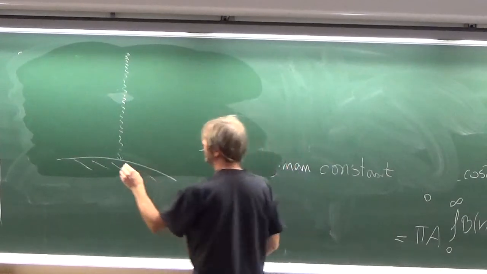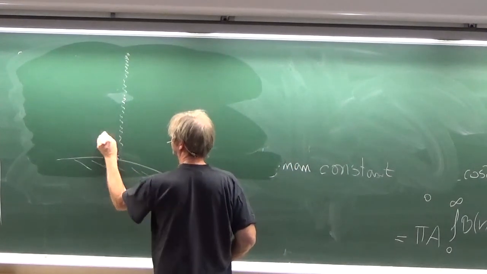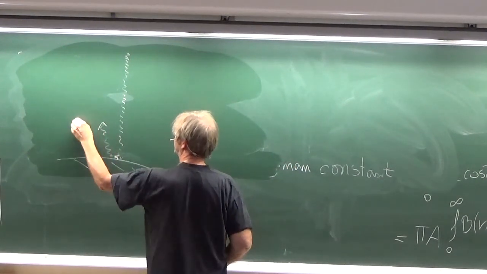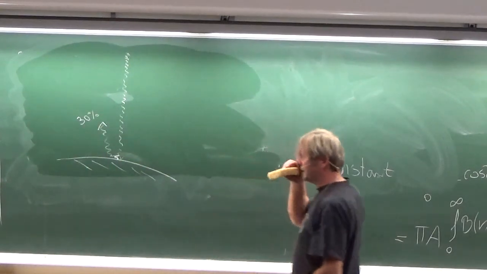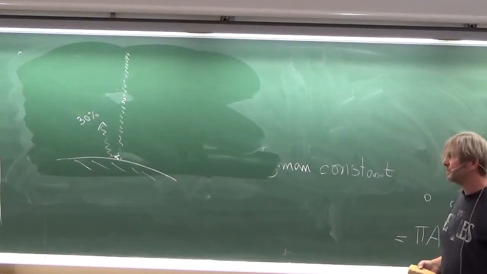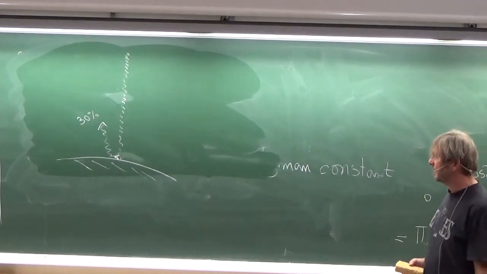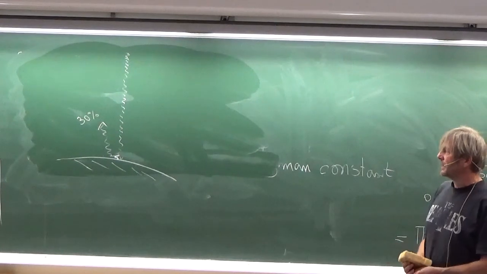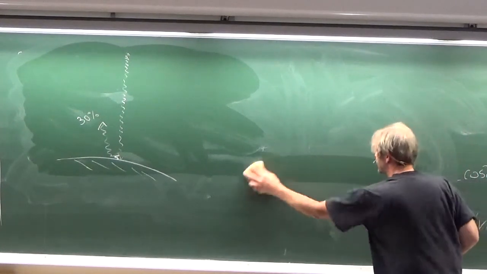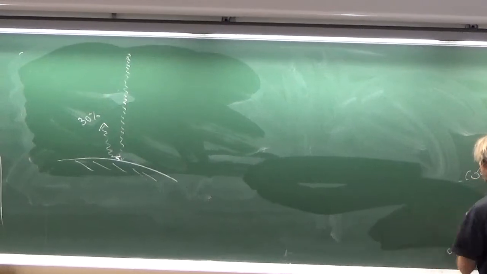Then about 30% on average will be reflected, and 70% absorbed. So let's have a look at what happens if we don't have an atmosphere.